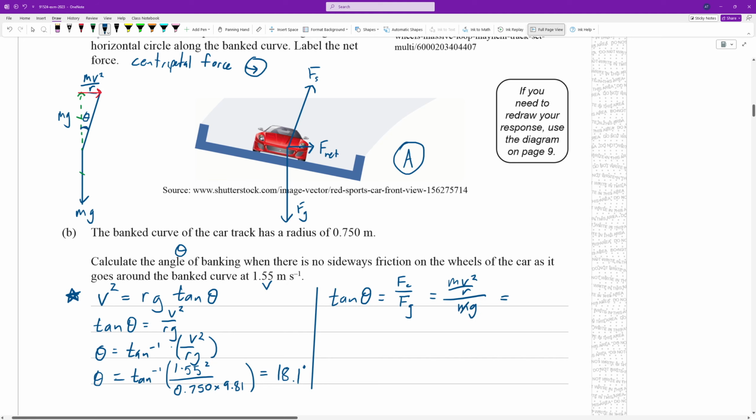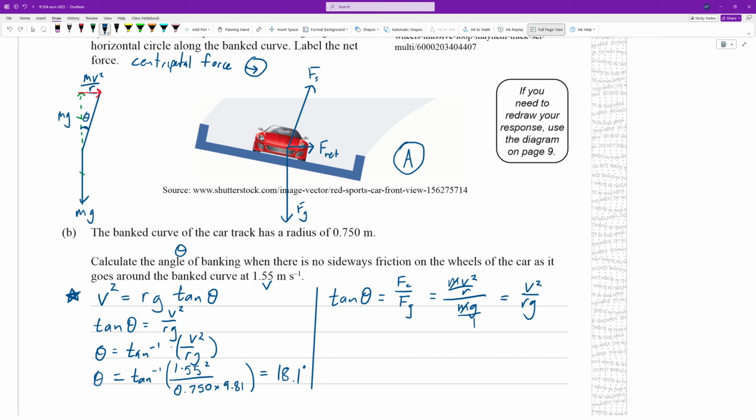You'll notice the masses cancel because this is like mg over 1, and when we multiply by the inverse, one's mass is in the numerator, one's in the denominator, and we're left with v squared over r times g. And would you look at that, we are back to here.